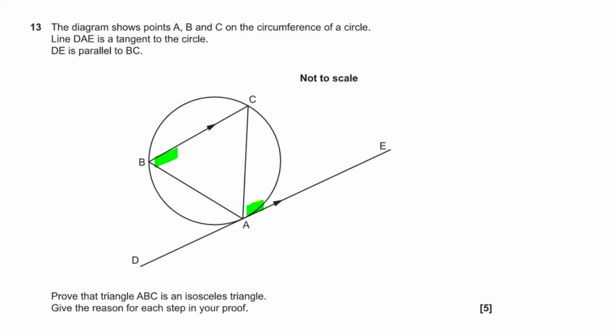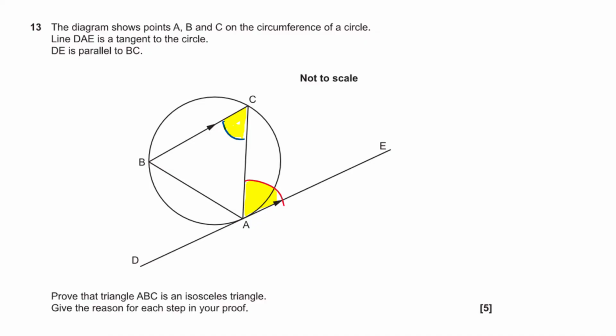Okay, so starting with this angle up here, BCA. I'm going to start with that angle, and we said that that angle was the same thing as this one down here due to rules about parallel lines. It's the alternate angle in a pair of parallel lines. So that's what we can say first then.